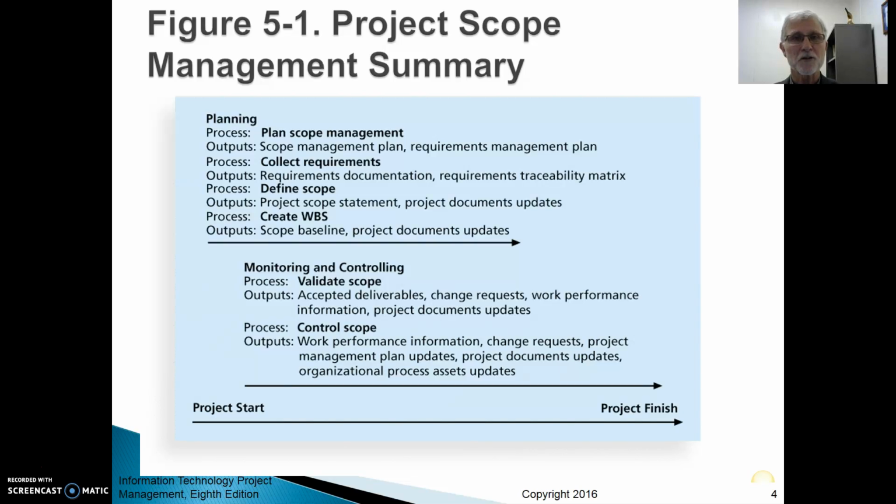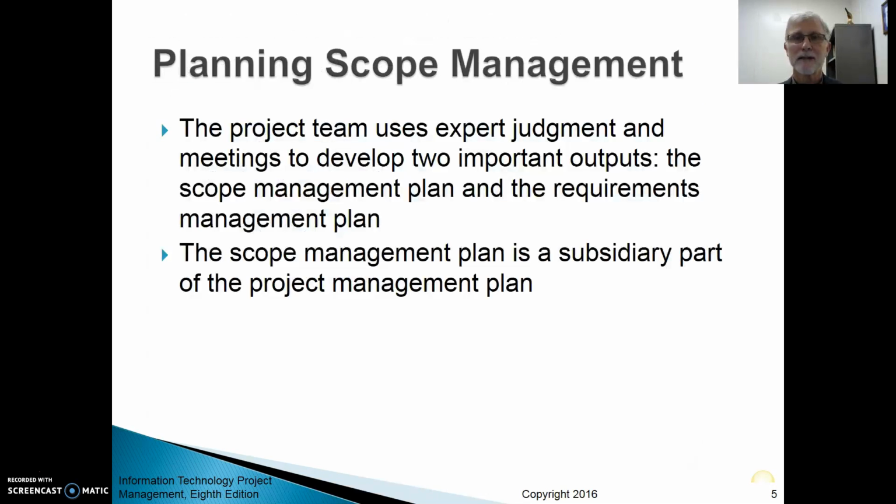This gives you a rough idea of where project scope management fits into the process in your planning and then your monitoring and controlling stages. They're very early in the project stage before work really gets started. Now, planning scope management says the project team is going to use judgment and meetings, and set up a bunch of stuff to generate 2 basic things: the scope management plan and the requirements management plan.